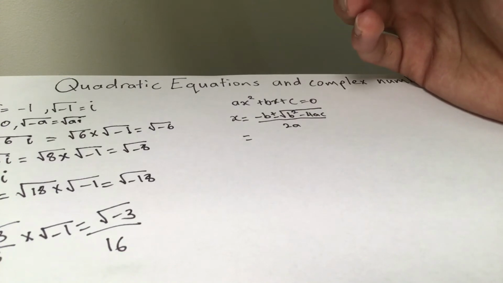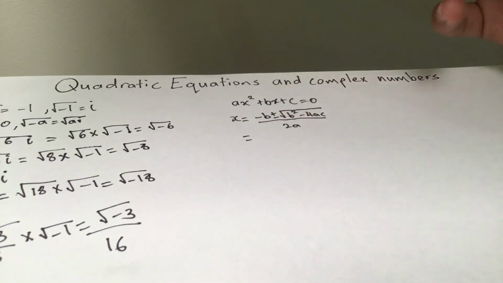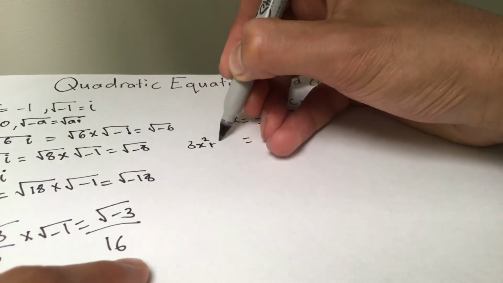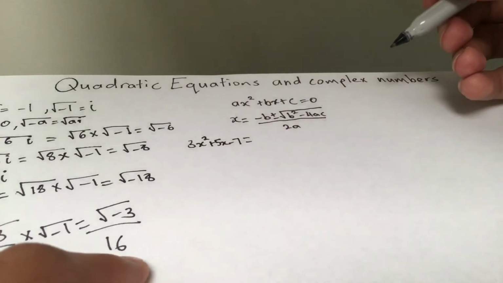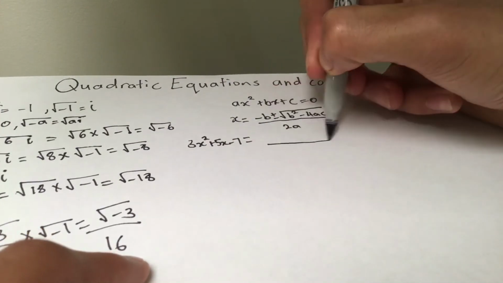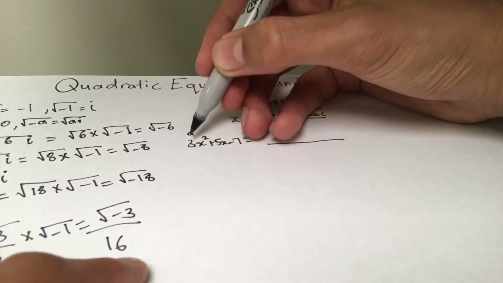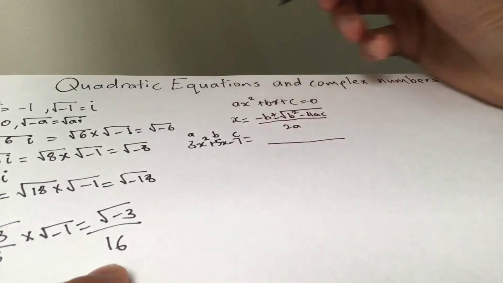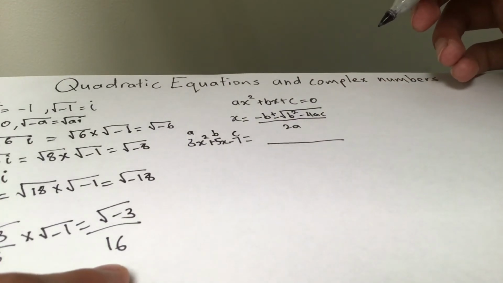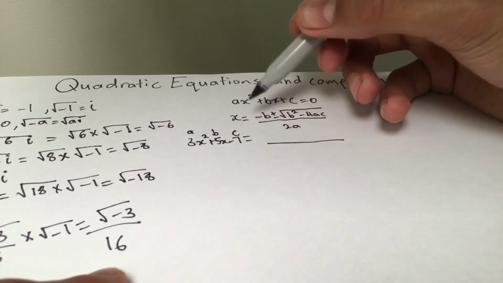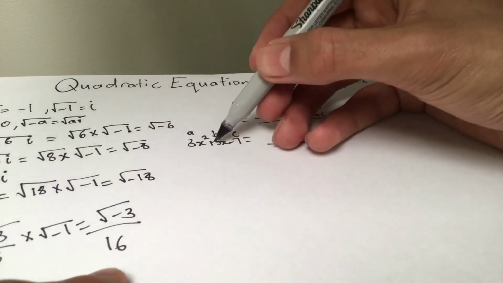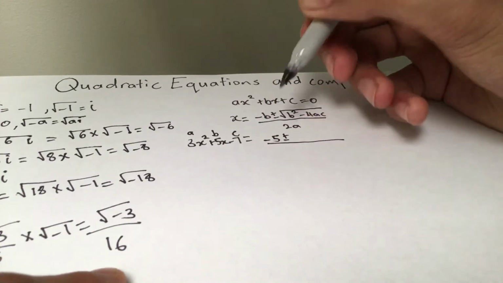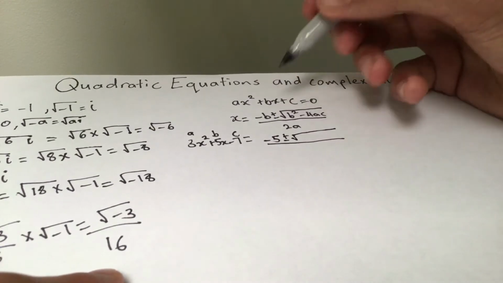If we have an equation, let's say 3x squared plus 5x minus 7, for example, then 3 represents a, 5 represents b, and -7 represents c. Using the formula, we take negative b, so in this case -5, and then plus or minus the square root of b squared.